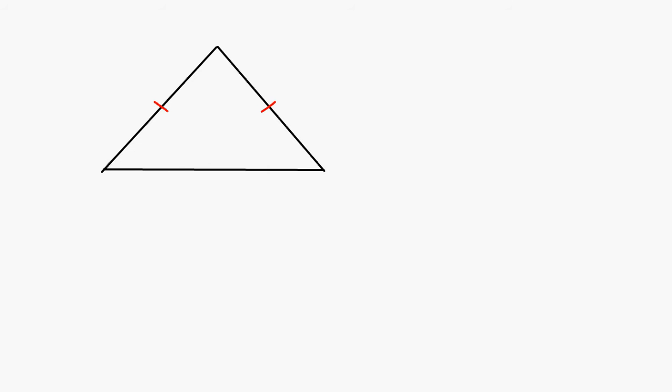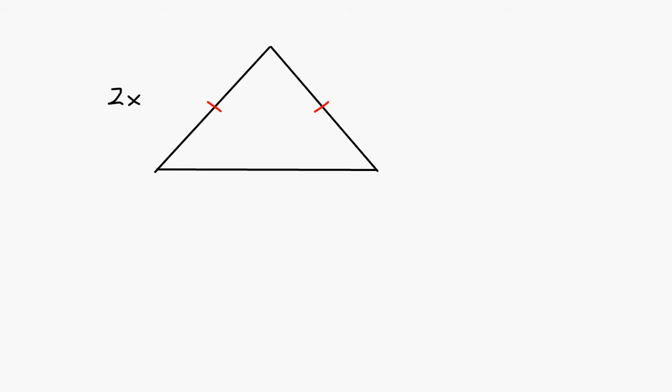The congruent sides measure 2x plus 3. So this left side is 2x plus 3, and this right side is also 2x plus 3. The length of the third side is 4x. So the bottom, or the base, is 4x.